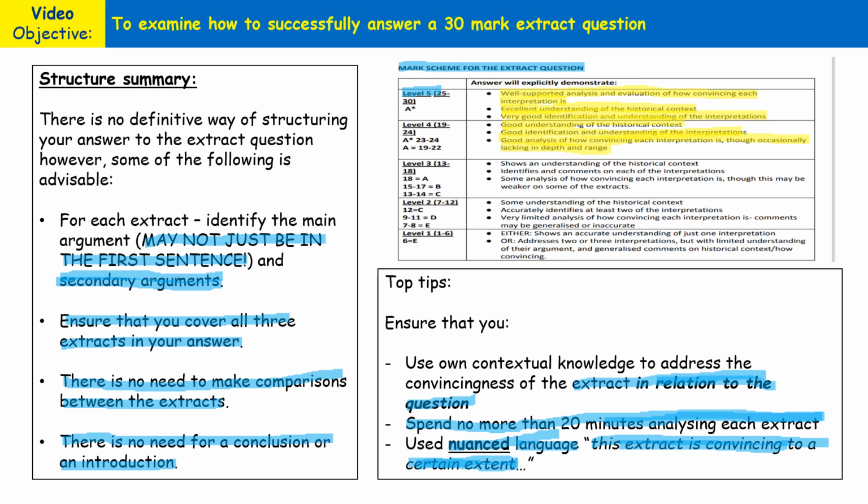And it's predominantly going to be range, because as this is the breadth paper, you need to really focus on showing a wide range of knowledge from the period in question. Don't just focus on one particular area. Make sure you focus across the entire time period in the question.